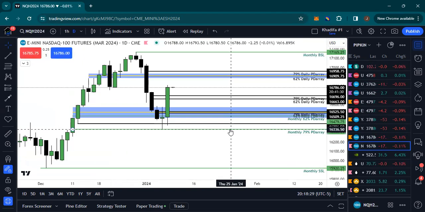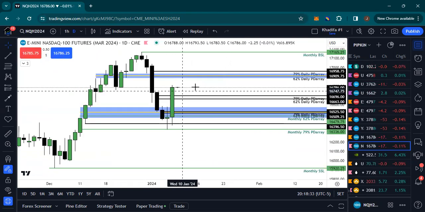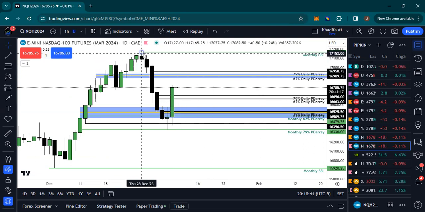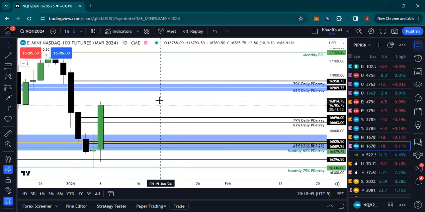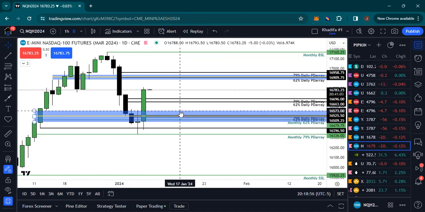Same thing with NQ. I see us running up into these daily premium array levels, right? And the monthly buy side liquidity. So I'll be paying attention to see how price action is playing out through the rest of Asia and going into London in the morning.